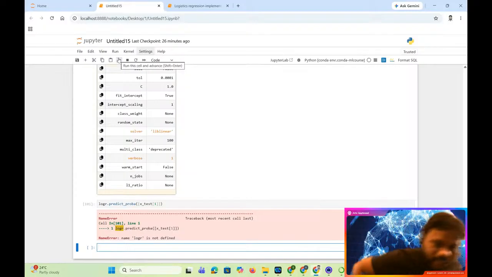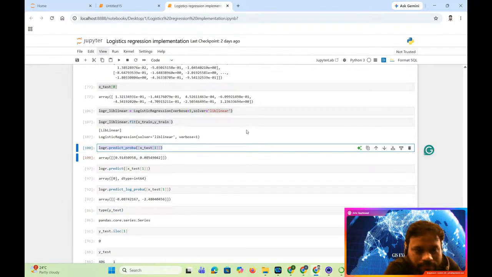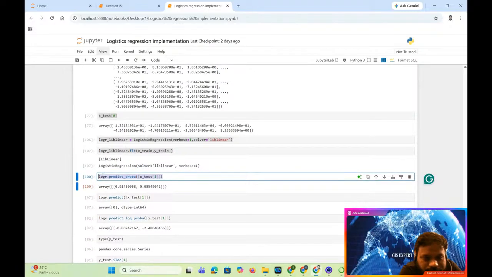Name logr is not defined. I think something is missing here. Logr is not defined. Where is the logr?